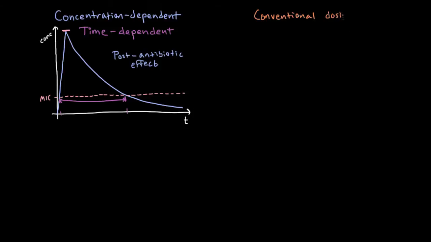So the first way to dose them is conventional dosing. And let's look at a plot of the concentration over time with conventional dosing. So here again on the y-axis, concentration. On the x-axis we'll have time. And let's label our MIC so we have it here.